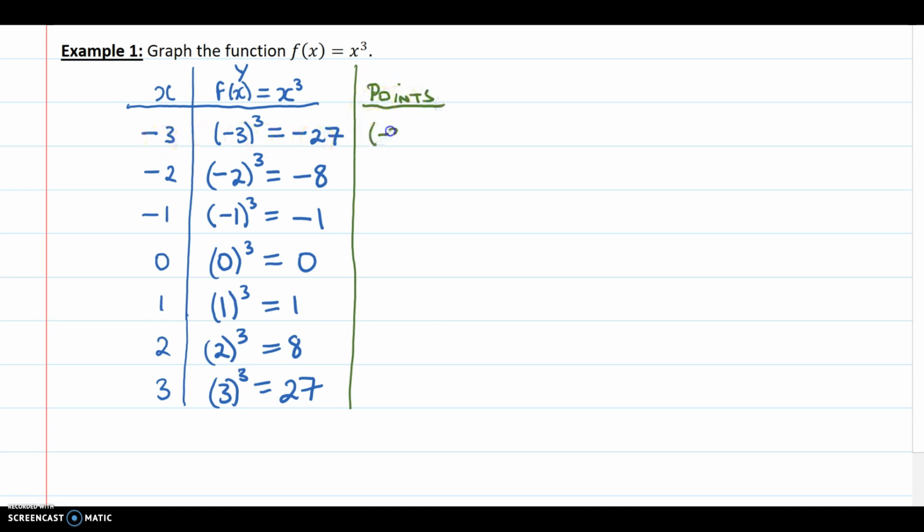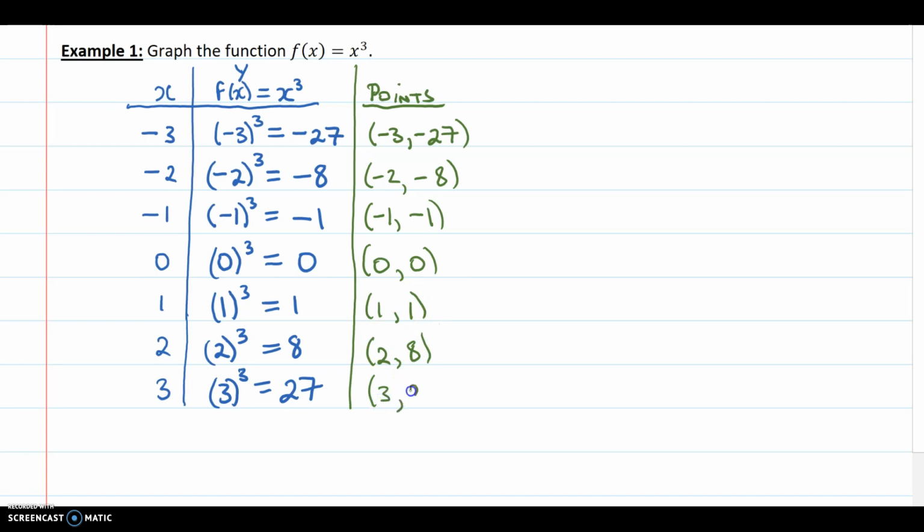So minus 3, minus 27, minus 2, minus 8, minus 1, minus 1, 0, 0, 1, 1, 2, 8, and finally 3, 27.